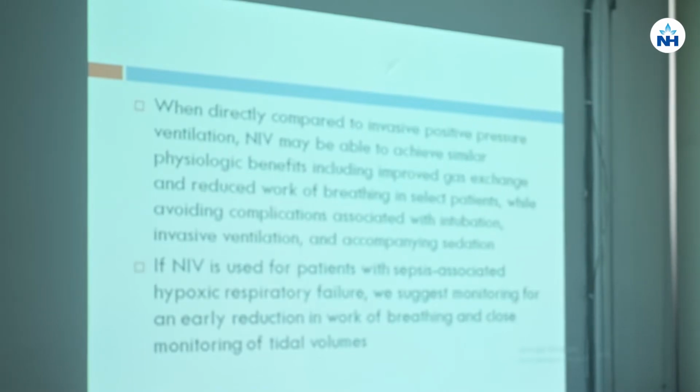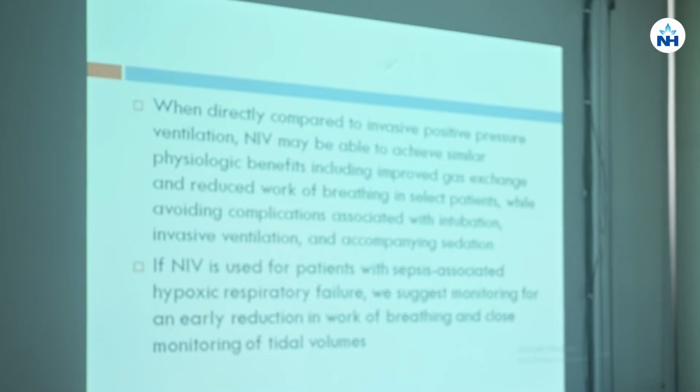When directly compared to invasive positive pressure ventilation, NIV may be able to achieve similar physiological benefit including improved gas exchange and reduced work of breathing in selected patients, while avoiding complications associated with intubation, invasive ventilation, and accompanying sedation. So, if NIV is used for a patient with sepsis-associated hypoxemic respiratory failure, we suggest close monitoring and early reduction of the work of breathing and close monitoring of the tidal volume.